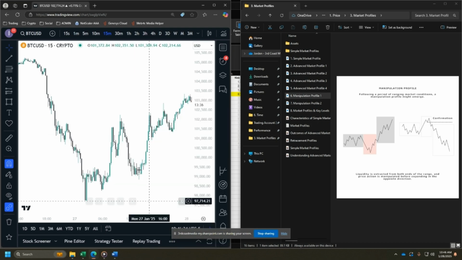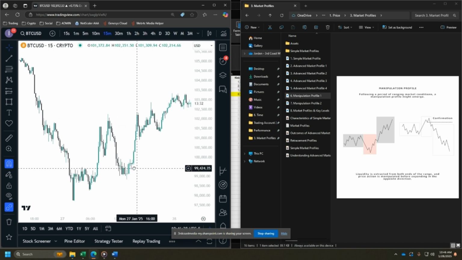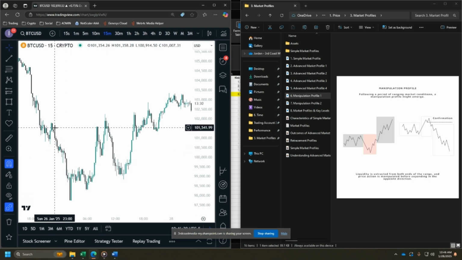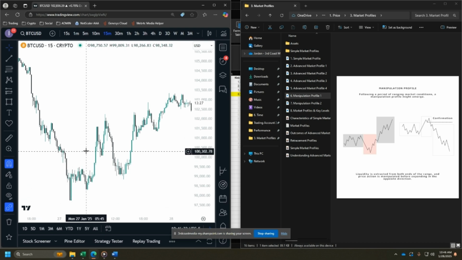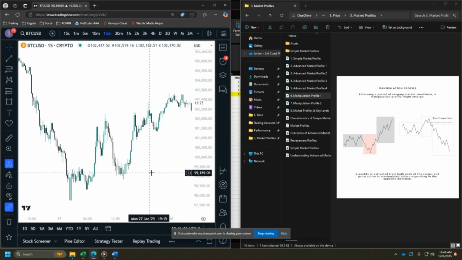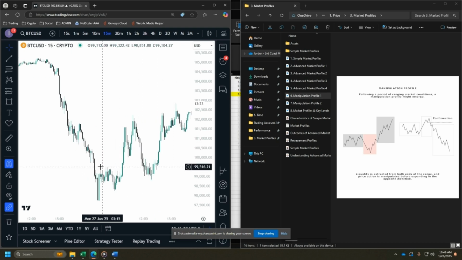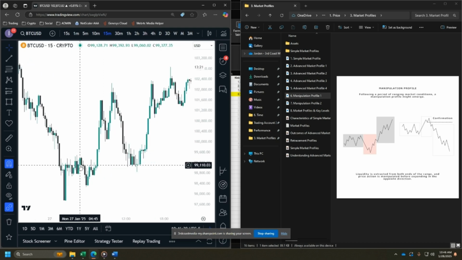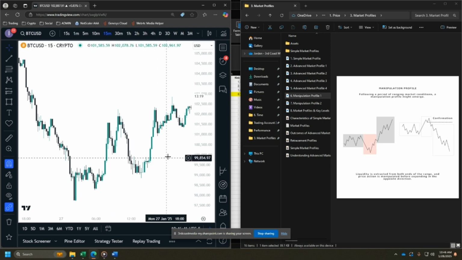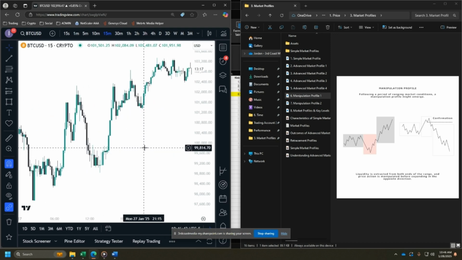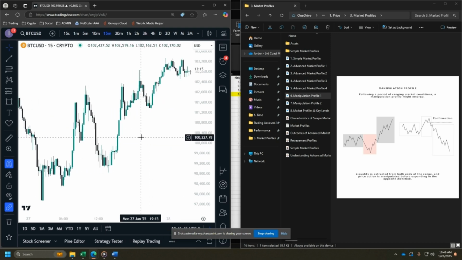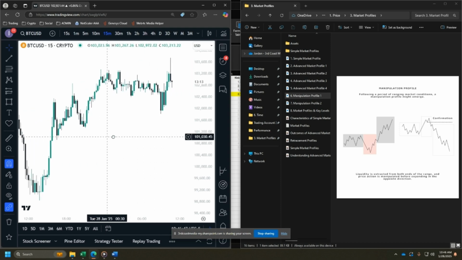So if we take a look at that on the chart, sorry, I just had to clear some old drawings there. If we take a look at that on the chart, we can see that it might not take that long to actually come across a manipulation profile.